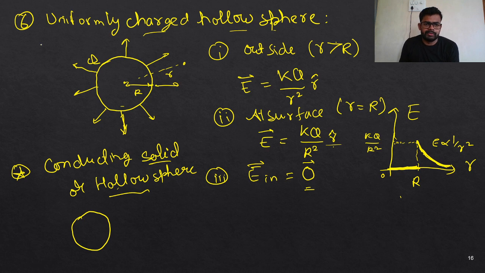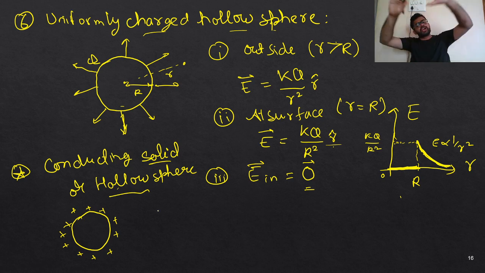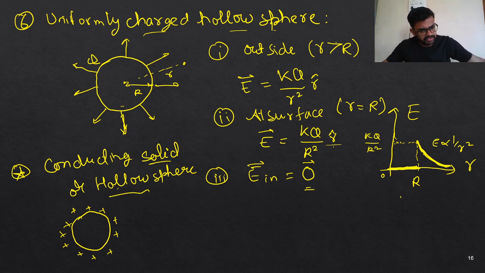Whatever charge is given to it, that entire charge will come to the surface, because a conductor has the property that the entire charge goes to its outer surface. So this will behave as a hollow sphere. Even if it is a solid conducting sphere, it will behave as a hollow sphere. So all formulas will be the same for this, remember.